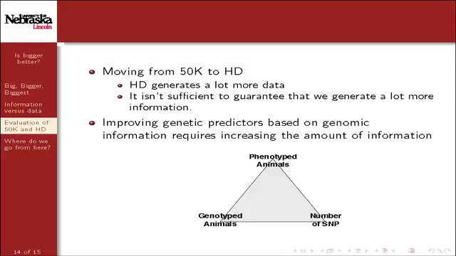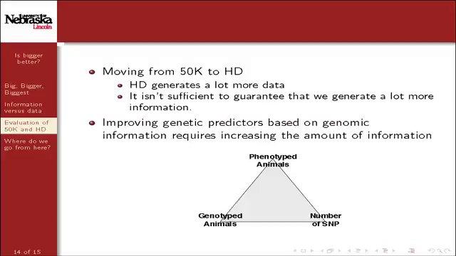Other speakers have talked about that. Thinking about the 3 main types of information going in, a big part of that is having information on phenotyped animals, collecting phenotypic information. We do a lot better job picking the low-hanging fruit.